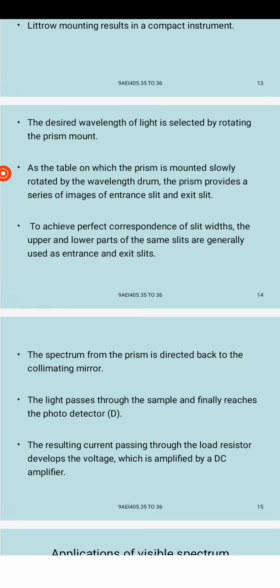As the table on which the prism is mounted is slowly rotated by the wavelength drum, the prism provides a series of images of entrance slit and exit slit. To achieve perfectly corresponding slit widths, the upper and lower parts of the same slit are generally used as entrance and exit slits.